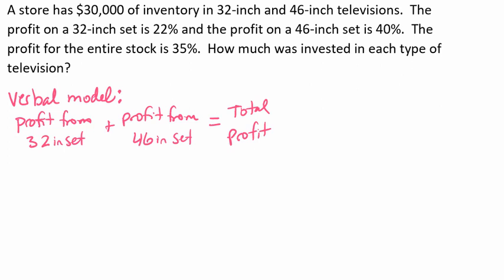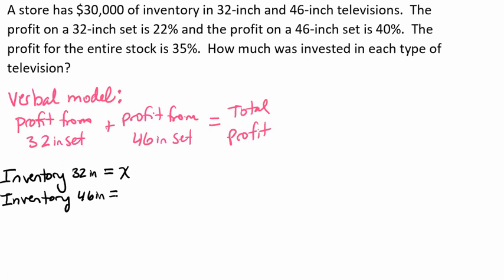So we first need to know the inventory of our 32-inch sets, but we don't know what that is. So that's going to be our x. We also need to know the inventory of the 46-inch sets. Now we know that together they add up to $30,000. So the inventory for the 46-inch is going to be the $30,000 minus the inventory of the 32-inch.